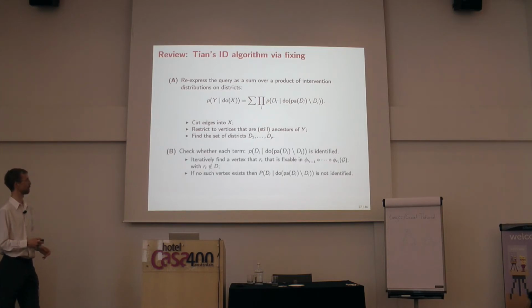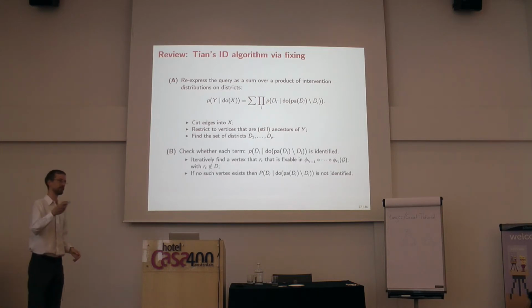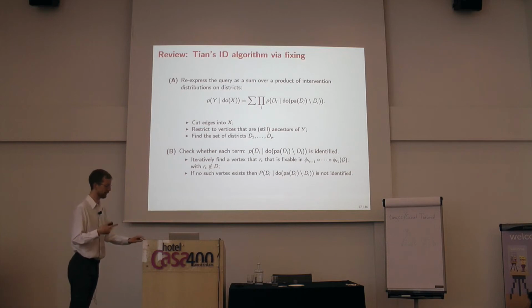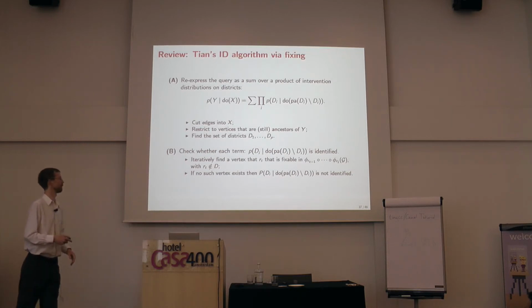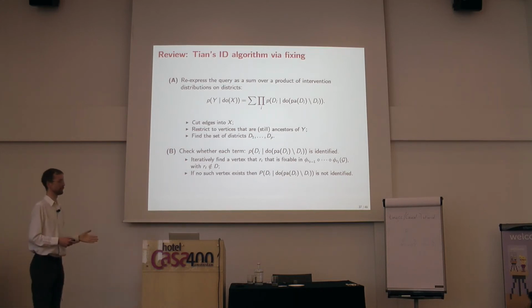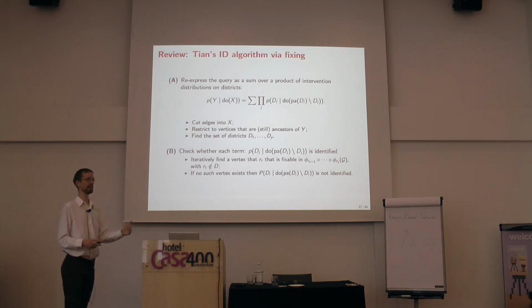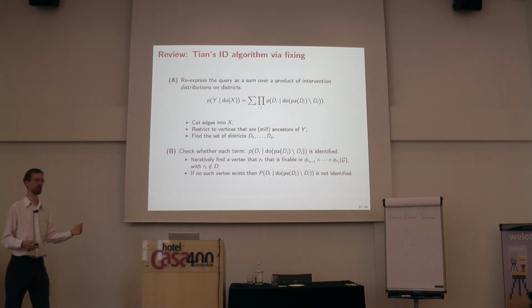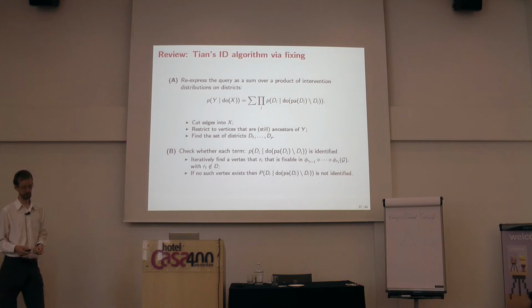And then for each one of those districts, via this fixability, we find out whether, if we can fix everything that's not in D_i, then indeed this is identified. If at some point we get stuck and there's no vertex that we can fix that is not in D_i, then we conclude that this piece is not identified.